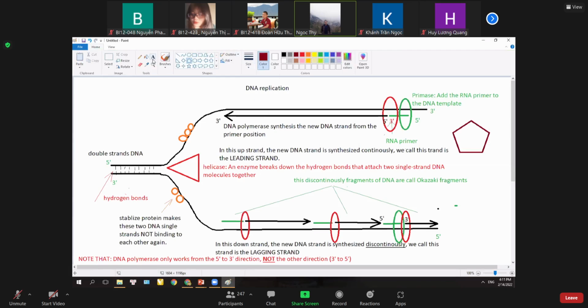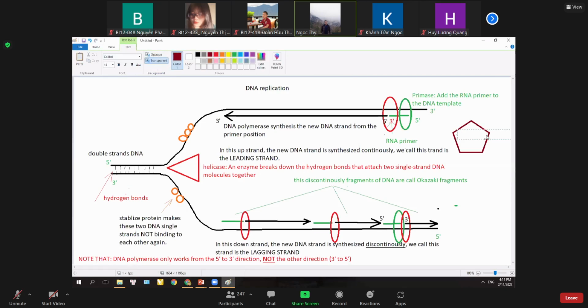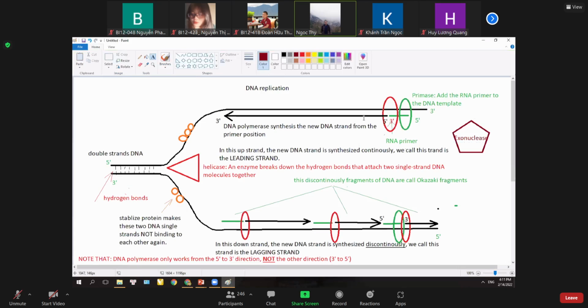This is called exonuclease. This one will come and delete all the RNA primer, all the RNA primer denoted in green here. You can see it, right?